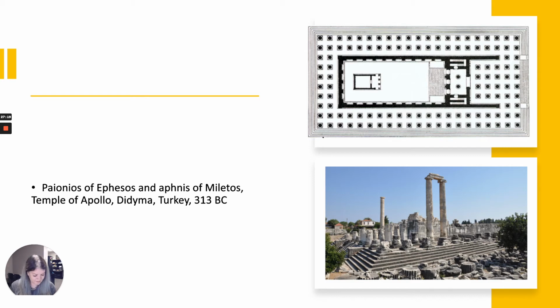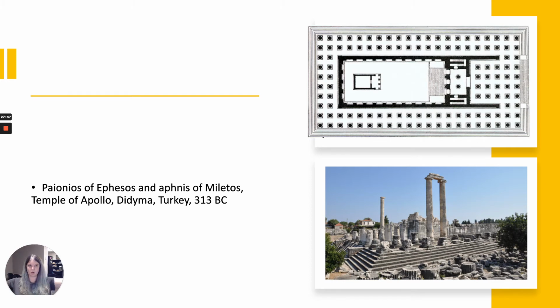The other thing is this is what is called a hypaethral temple, and that just means that it was open to the sky. It didn't have a roof, it was open to the sky, and the idea is you're letting the gods into the temple, right? Because they live up above. So this is what's left of the Temple of Apollo. It also didn't have a pediment, and it didn't really have a formal cella or naos in this middle section.